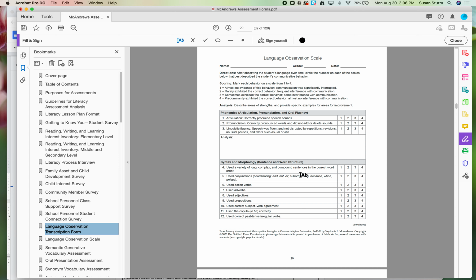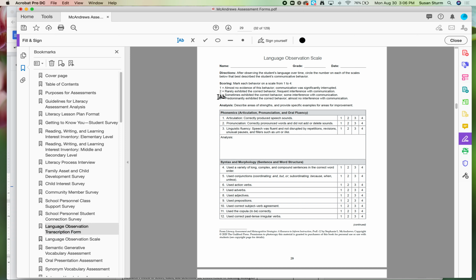Pay attention. You're going to circle the number on each of the scales that best describes the student's communicative behavior. So on a scale from 1 to 4, we're looking at a 1, almost no evidence of this behavior. Communication was significantly interrupted. So if your student has so much need in the area of articulation, correctly producing speech sounds, to the point that it is significantly difficult to understand the student, you would mark that student with a 1.